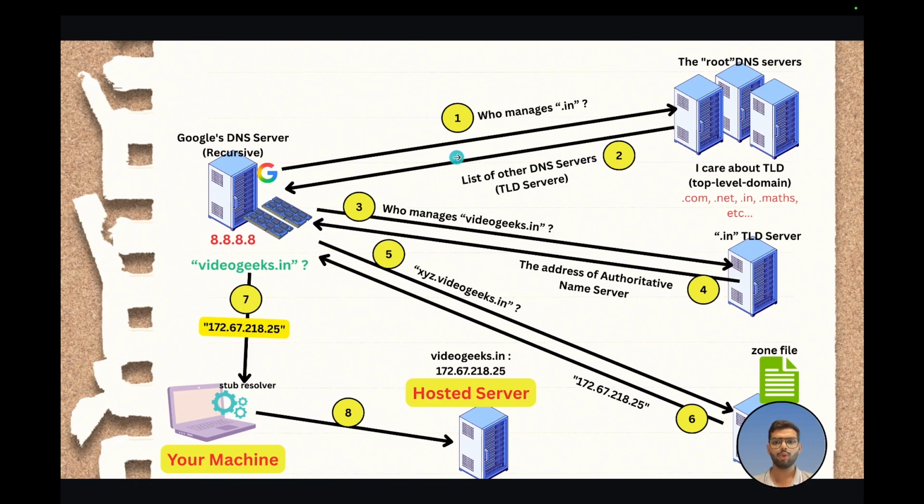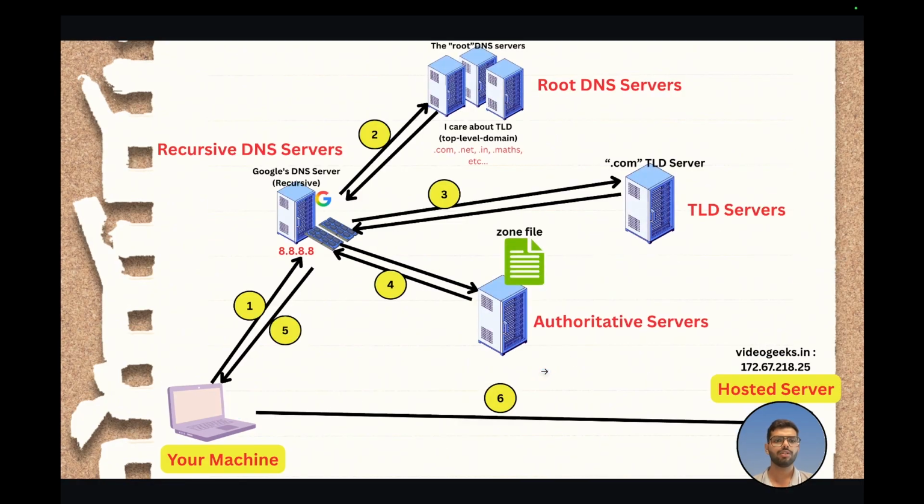And there are some core words that you might have got to know: recursive server or recursive DNS lookup, root servers, TLD servers, authoritative name server, stub resolver, and a few other terms. So please note this, that's the proper working of DNS. In simplified terms, this is the workflow of how DNS works at its core.